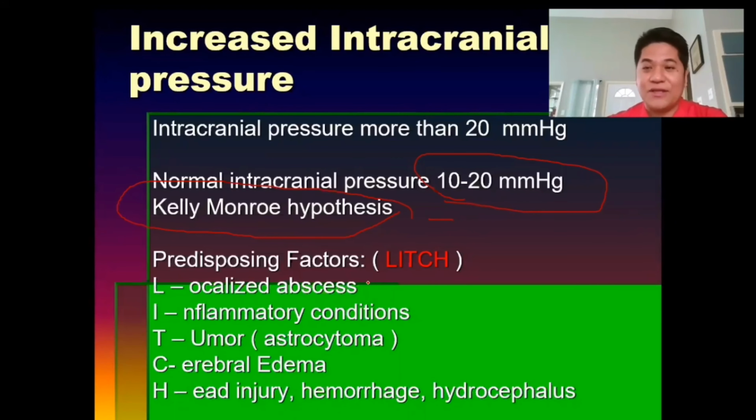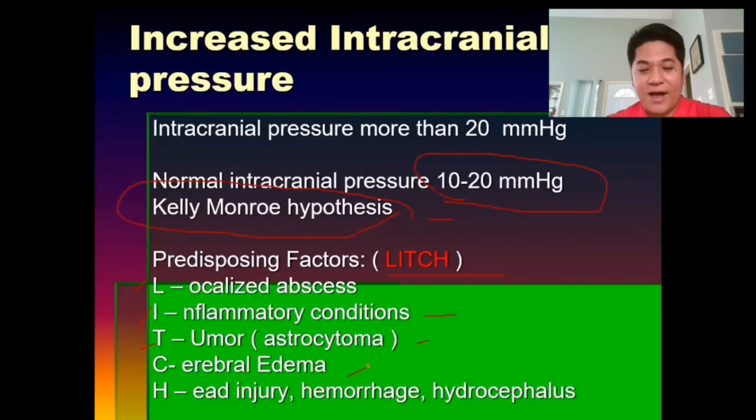Now, these are the predisposing factors that lead to increased ICP. So, LICHH: L, localized abscess, increasing brain tissue. Inflammatory conditions such as meningitis will lead to increased brain tissue as well because of the inflammation. The tumor also would lead to increased ICP because of the abnormal tissue growth.